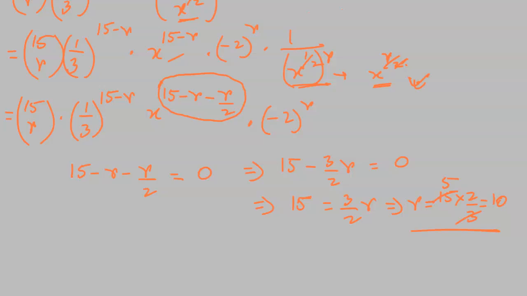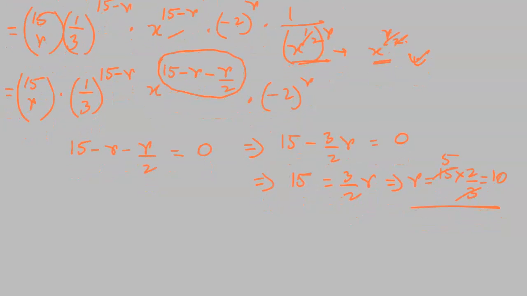So we come back to this part, and now in place of r, wherever we have r, we will put the value of 10. So it is 15C10, 1 over 3, 15 minus 10 is 5, x to the power of 15 minus 10 is 5, 5 minus 10 over 2 is 5, 5 minus 5 is 0.